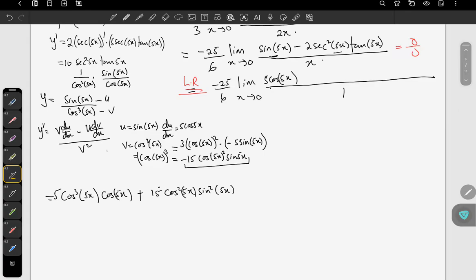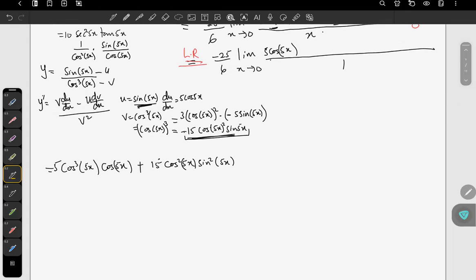So if we multiply u, which is sine 5x, by this, we get cos squared 5x sine squared 5x, and because there is a negative sign there, that goes. Everything over v squared, which is going to be cosine cubed 5x times cosine cubed 5x.